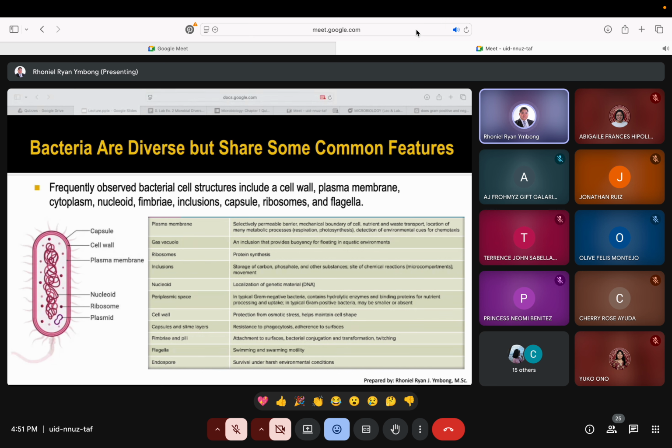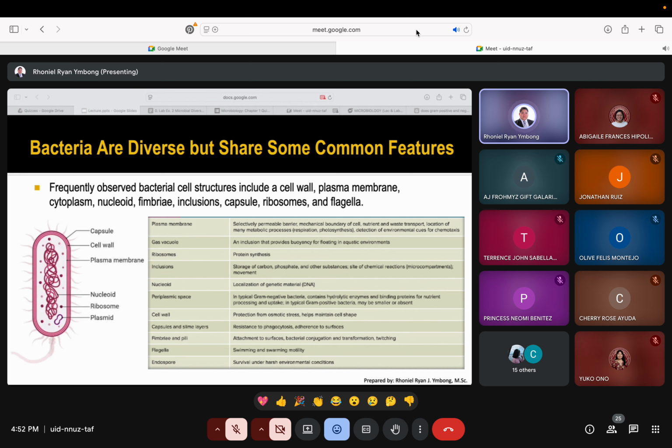So I think these are just some common features that are found in our bacterial cell. Again, you have the cell envelope, which is comprised of your plasma membrane, the cell wall, and the capsule or the slime layer. Then inside, you have all of your inclusions or the non-living materials, as well as the ribosomes, the gas vacuole, the endospores and the nucleoid.